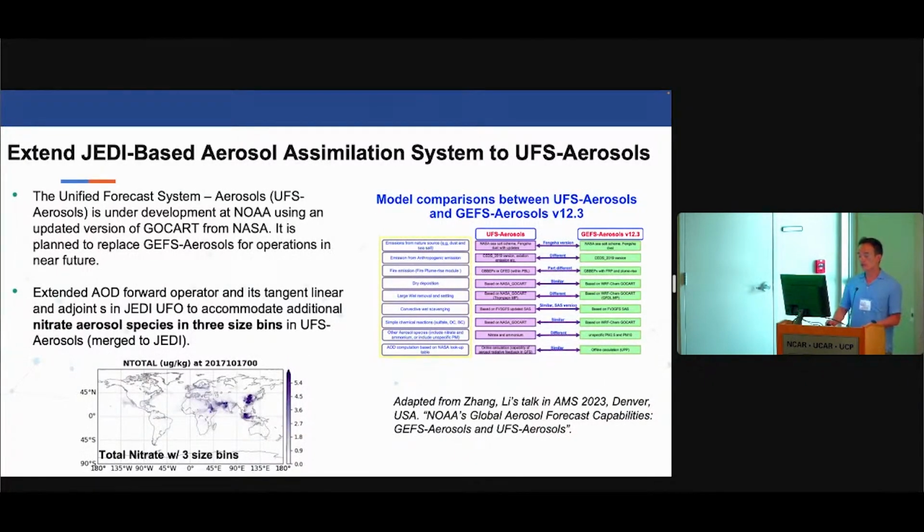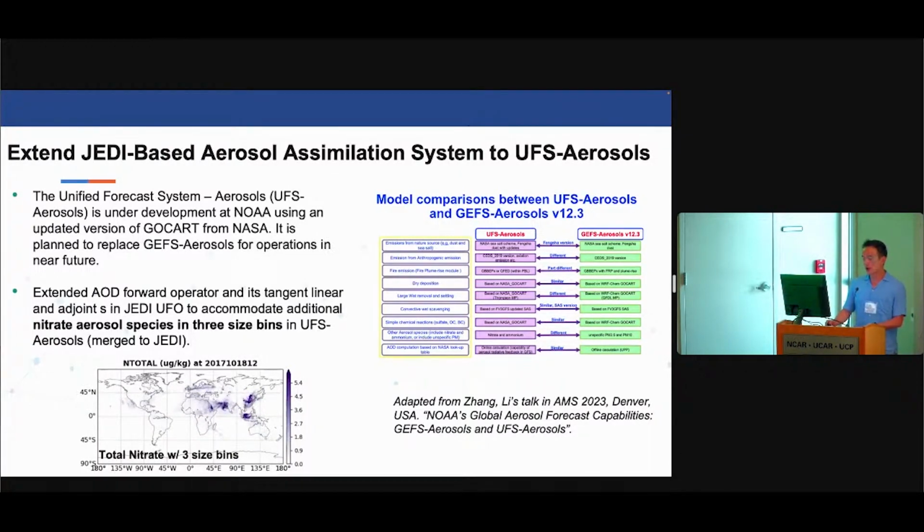As you may know, a collaborative effort has been ongoing at NOAA to integrate global aerosol prediction within the UFS model. Here we call it UFS aerosols. Compared to GEFS-Aerosols, UFS aerosols adopts an updated version of the GOCART model, and a detailed comparison between the UFS aerosol model and the GEFS-Aerosols model was given in my colleague's talk at AMS.